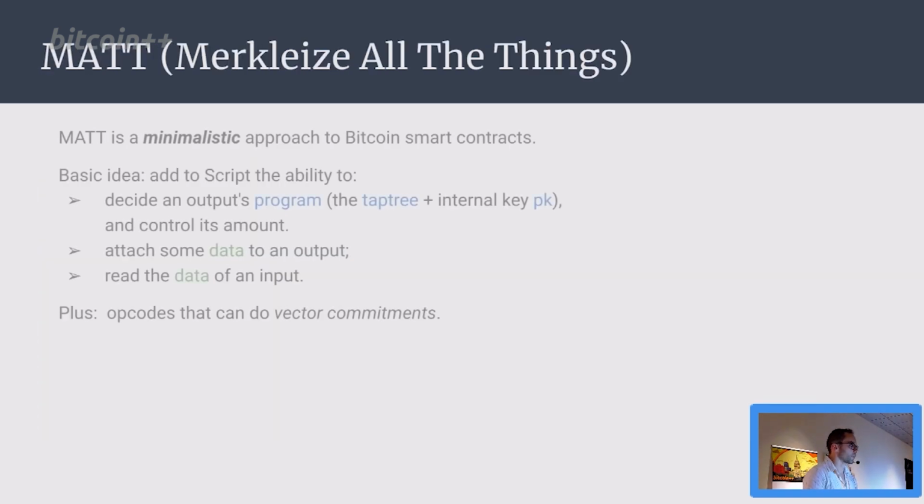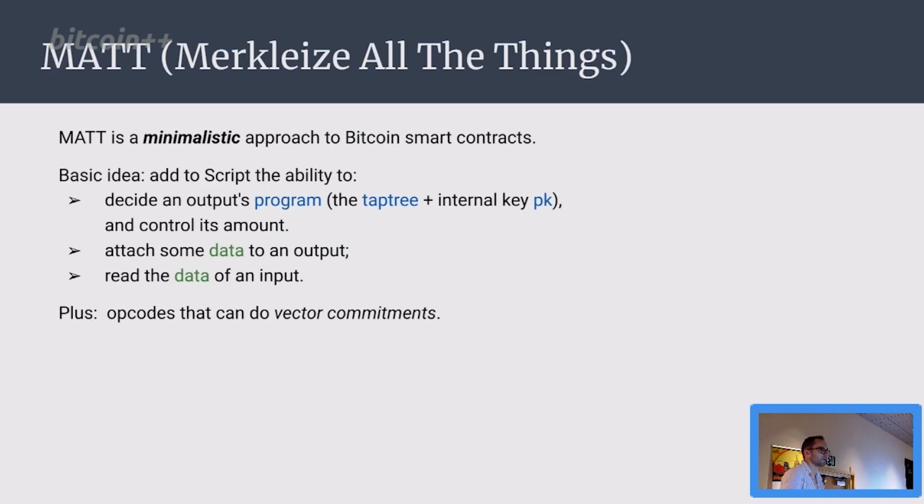The proposal that I call Merkleize All The Things is a quite minimalistic approach to Bitcoin smart contracts, in the sense that the capability you need to do this kind of contract is quite minimal. Many covenant proposals allow you to specify the outputs of the transaction. For example, CTV allows you to specify all the outputs of the transaction at once.